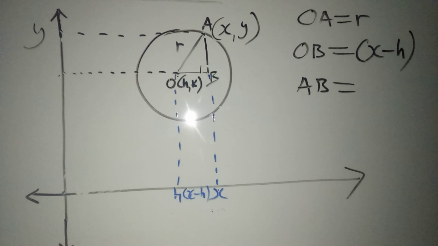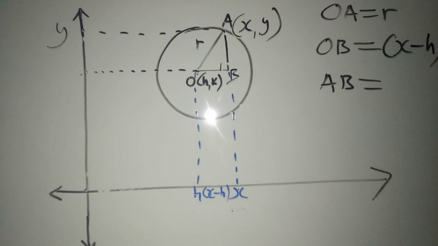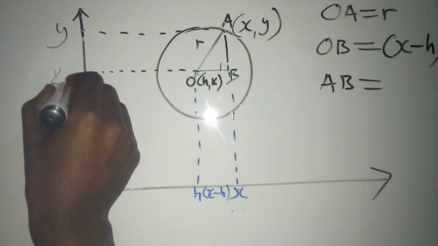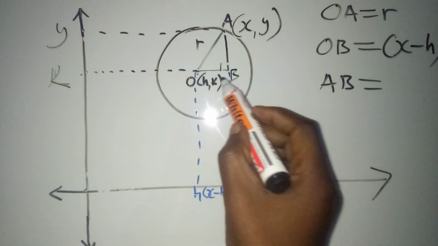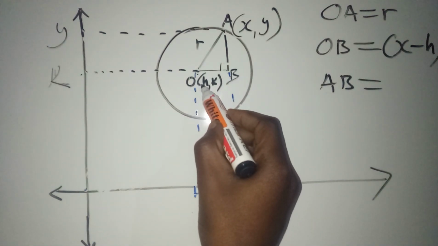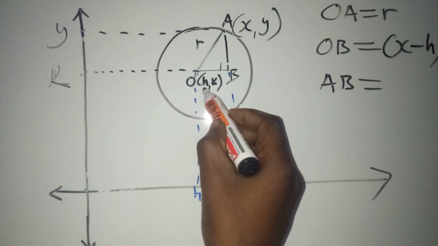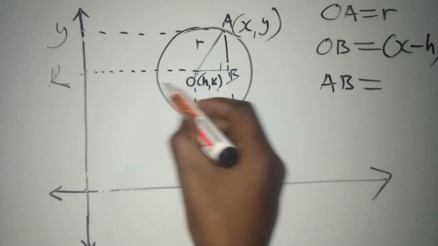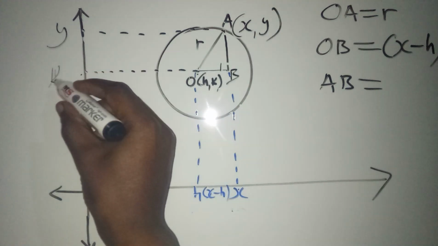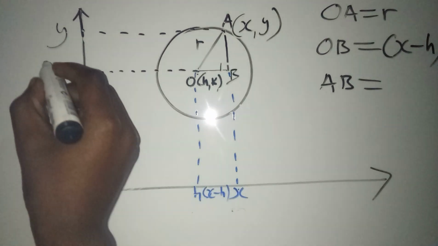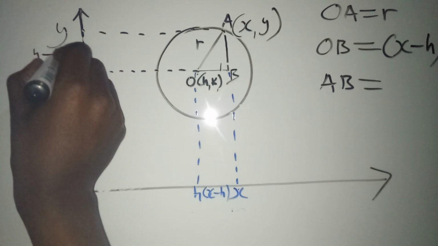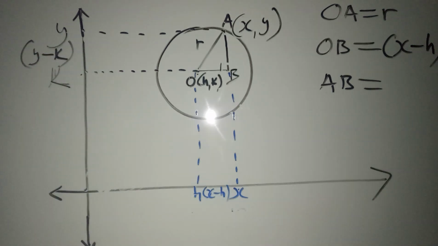If that side there is y, we also know that here there should be a k. Why k? Because here there is point H and point K. Point H represents the x-axis and point K represents the y-axis. How can I find the distance between y and k? We can simply subtract: y minus k.